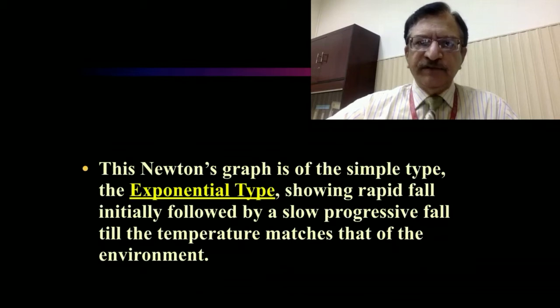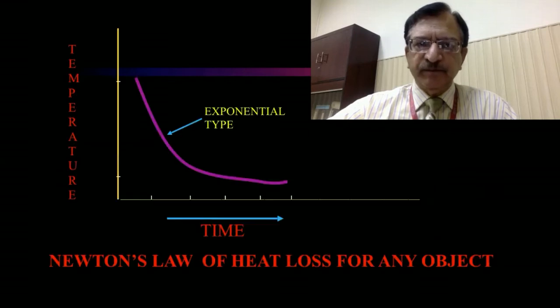Newton's graph is a simple type, called exponential type, showing a rapid fall initially followed by a slow progressive fall until the temperature matches the environmental temperature. So this is for the metallic object. Any metallic object shows an exponential type of graph.